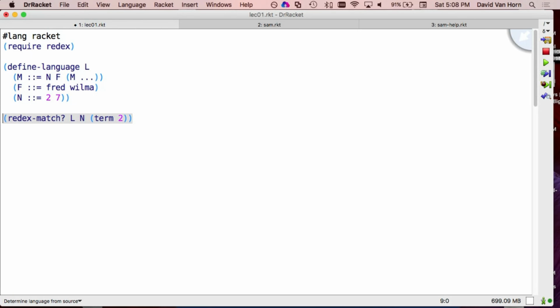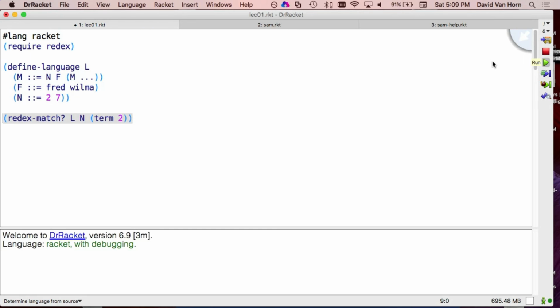I have to give it the name of the language because the pattern has to be interpreted with respect to some language. So I say I'm asking about language L. I want to know if the term 2 matches the pattern n. And the answer here should be yes. So if I run this, it's true.